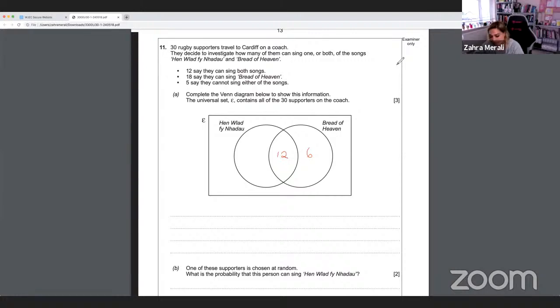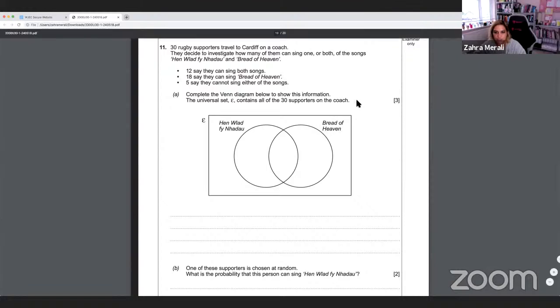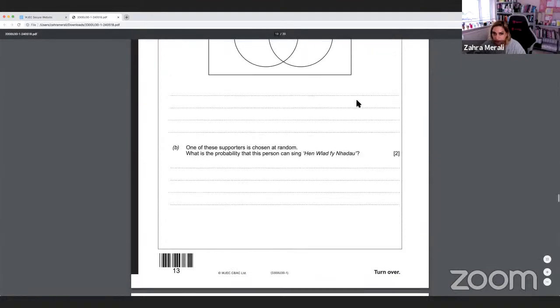5 say they can't sing either. So 5's on the outside. And we know the whole box has to add up to 30. So if we do 30 minus 5 minus 6 minus 12, we get 7. Okay, and that is our universal set. I don't speak Welsh, so I'm not even going to try to pronounce that.